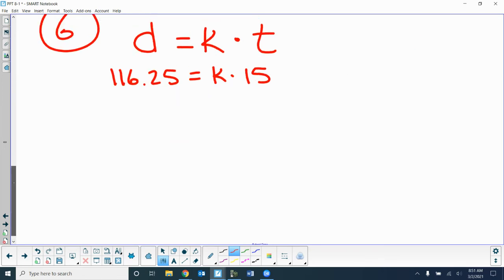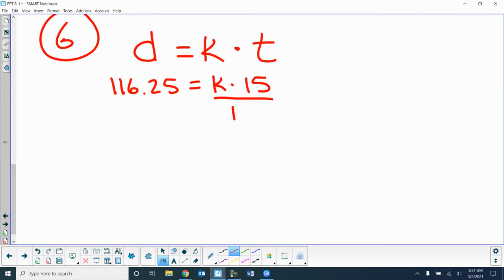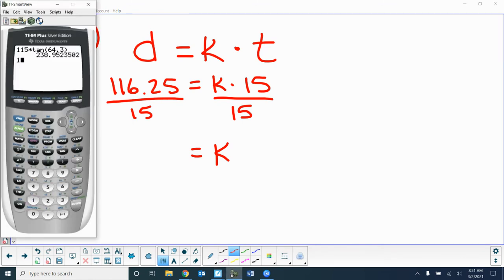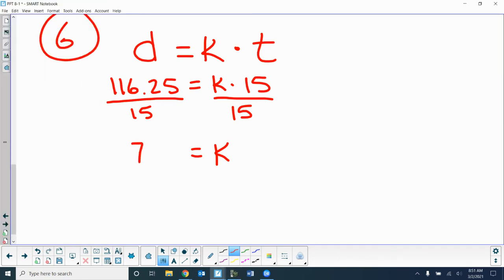All right, so I gotta find the K value. And what is that? 116.25 divided by 15. 7.75. All right, so what's that telling you?